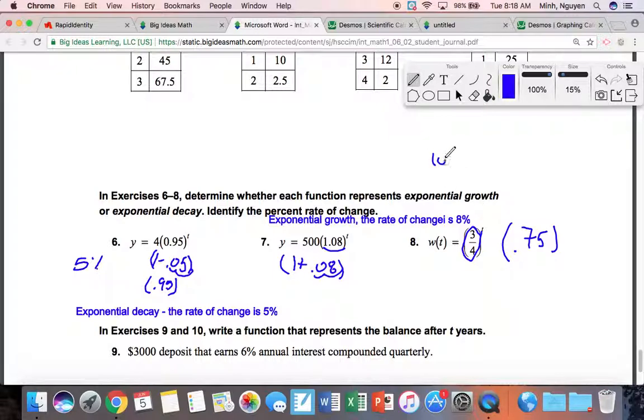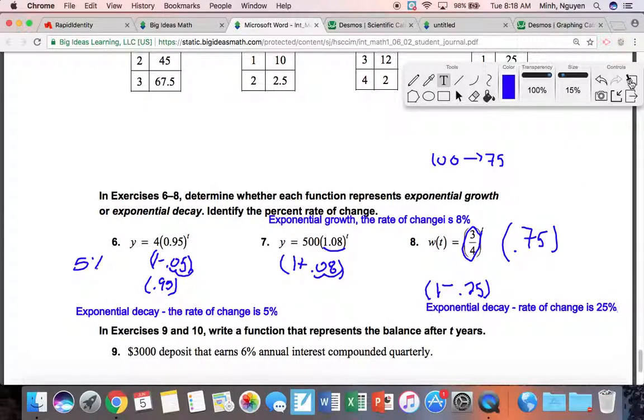So 100% to 75%, that's a decrease. How much is that a decrease by? It's a decrease by 25. So we have 1 minus 0.25. Exponential decay, rate of change is 25%. You're decreasing by 25%.